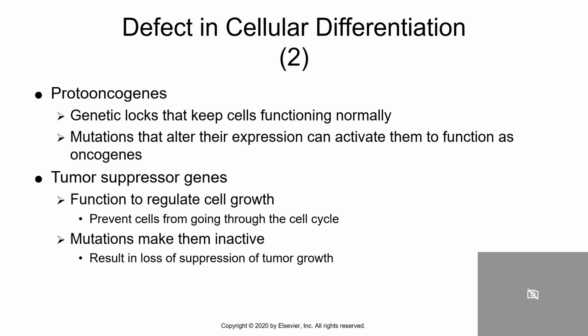That mutation occurs, and those abilities and properties that the cell had in that proto-oncogene state change. Now, with tumor suppressor genes, they normally exist to regulate cell growth, but that mutation that targets that gene makes it inactive, and that causes a loss of the ability to suppress tumor growth.